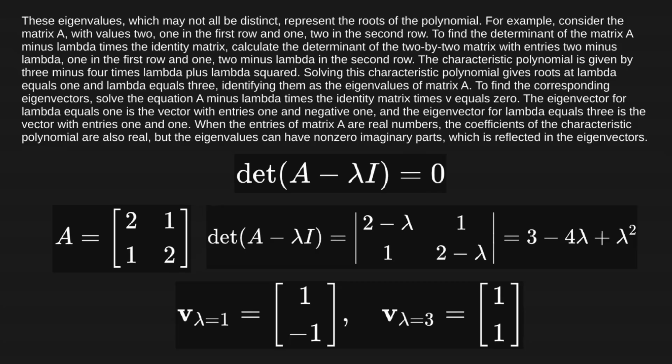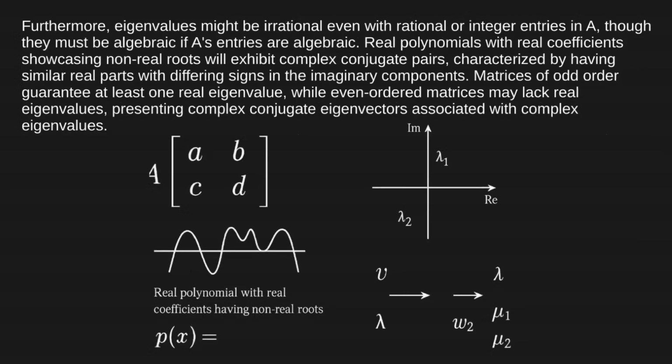When the entries of matrix A are real numbers, the coefficients of the characteristic polynomial are also real, but the eigenvalues can have non-zero imaginary parts, which is reflected in the eigenvectors. Furthermore, eigenvalues might be irrational even with rational or integer entries in A, though they must be algebraic if A's entries are algebraic.